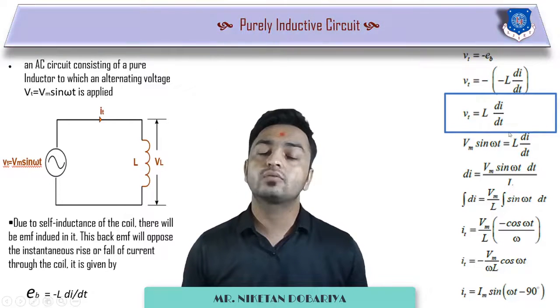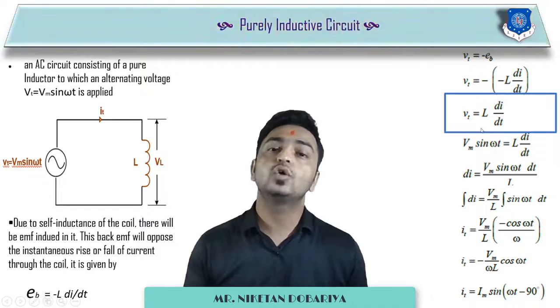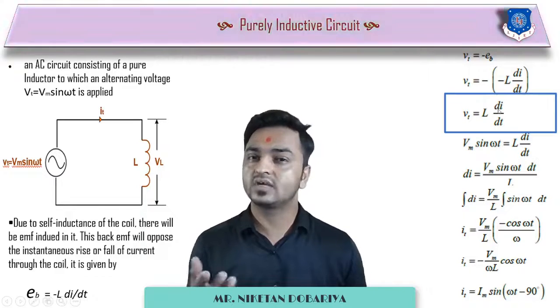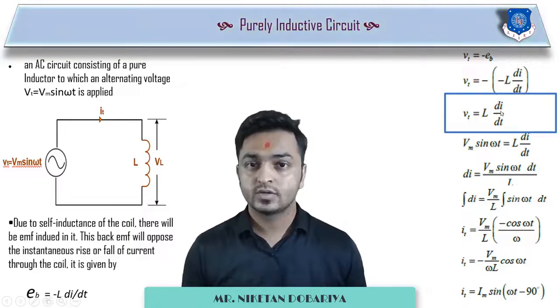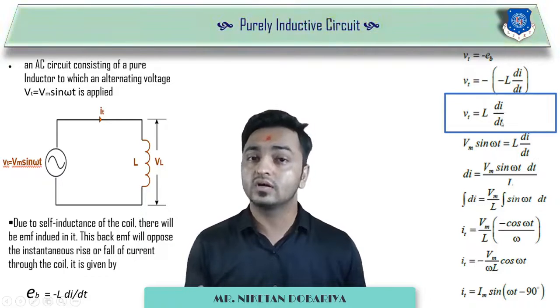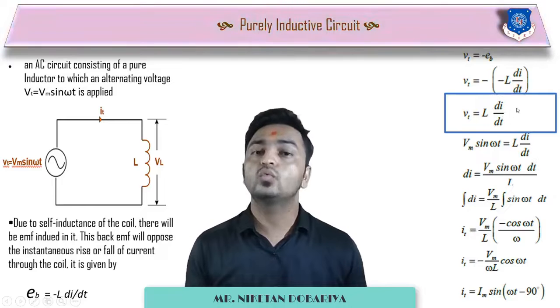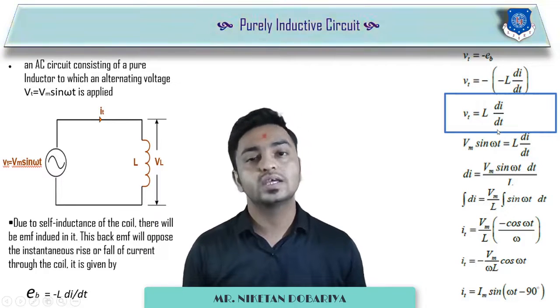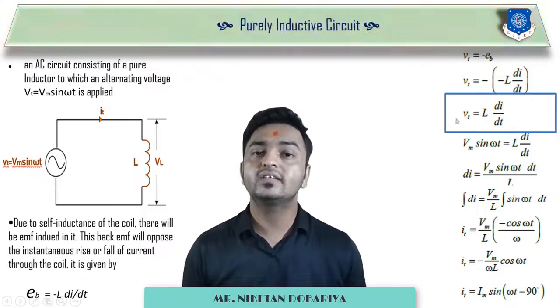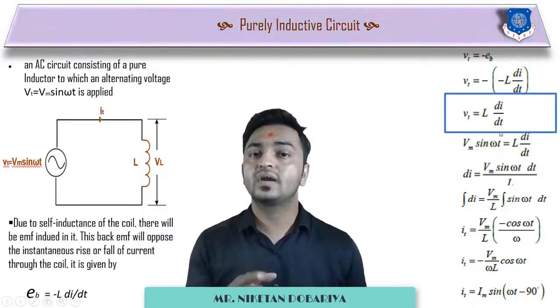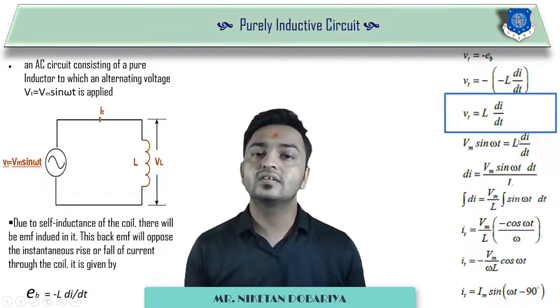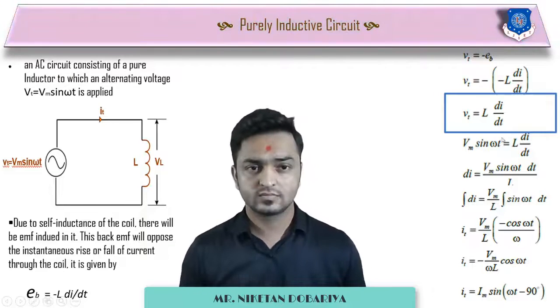From this equation, we are going to derive the value of current. But here current is in derivative form, that is, di by dt form. So to derive the value of current, we have to remove this d term, and for that we can use integration. To integrate this equation, first we will separate the d term, and next we will integrate this term to derive the value of current.